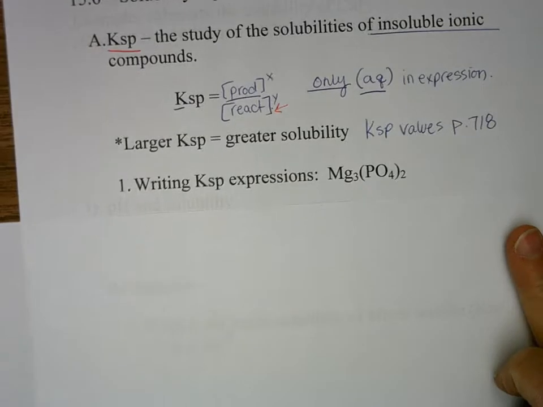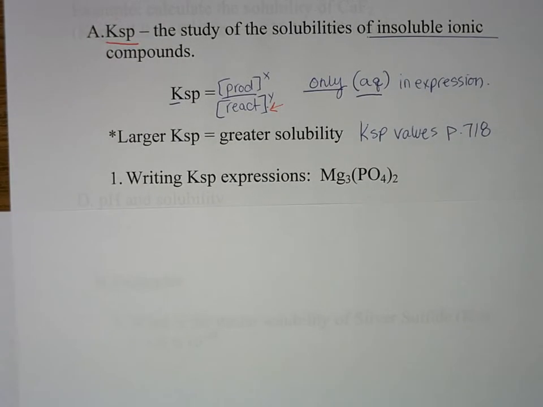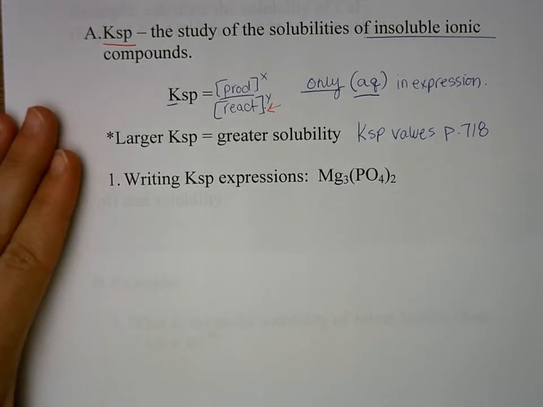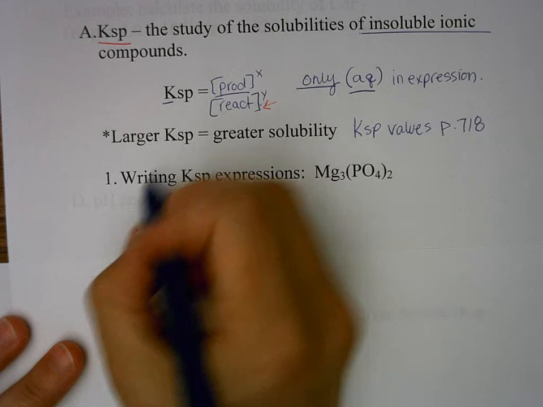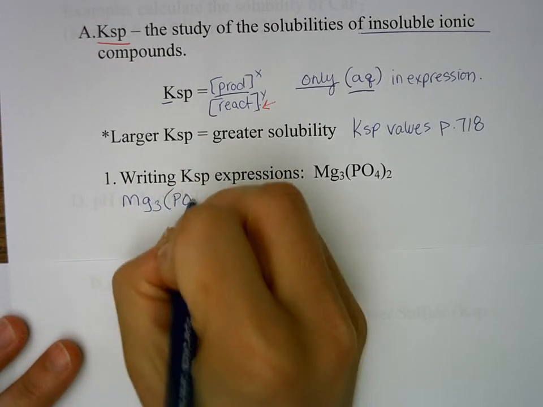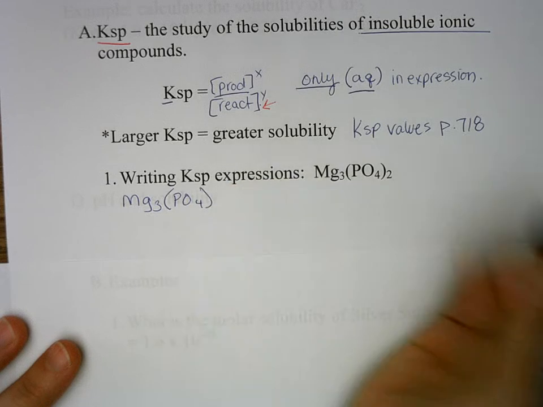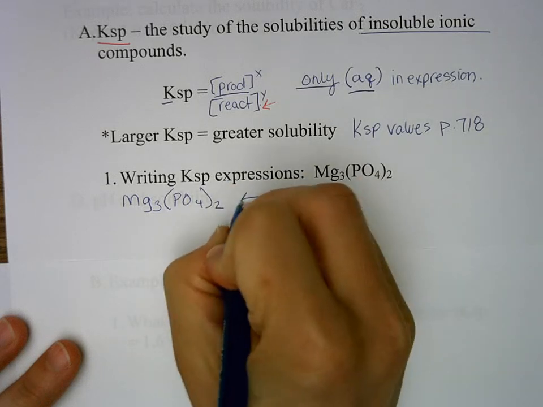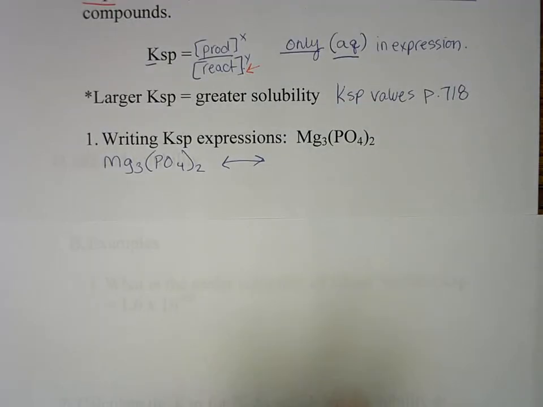All right, when you're writing KSP expressions, you need to figure out the dissociation that takes place first. So for magnesium phosphate, these are all considered equilibrium equations, because when they dissociate, some of those ions will join back together and then some other ones will break apart. So you have an equilibrium situation.